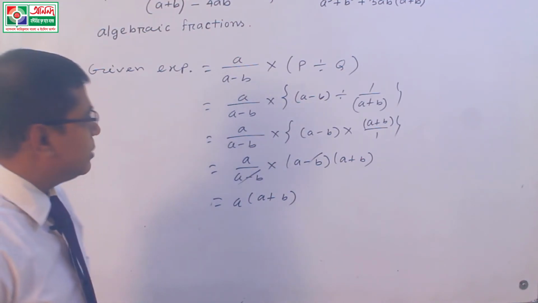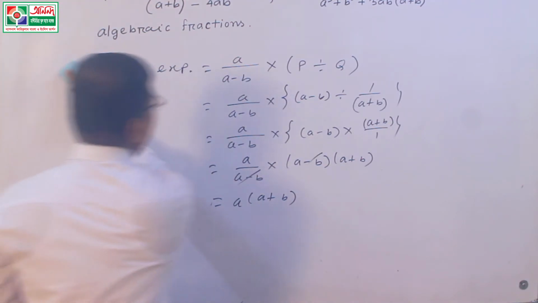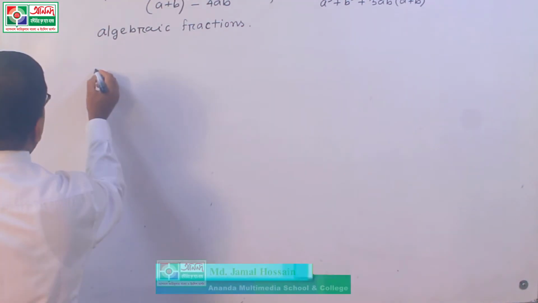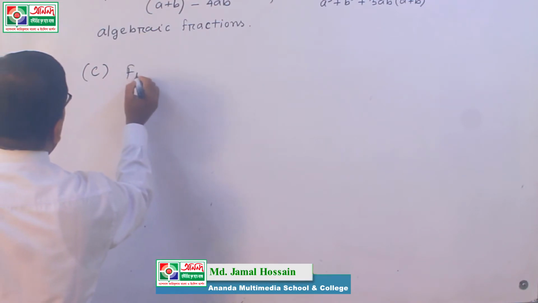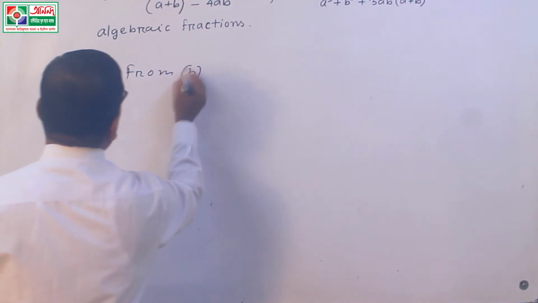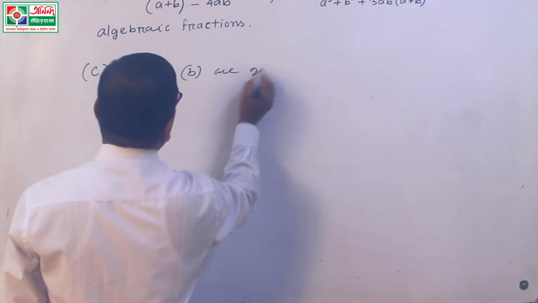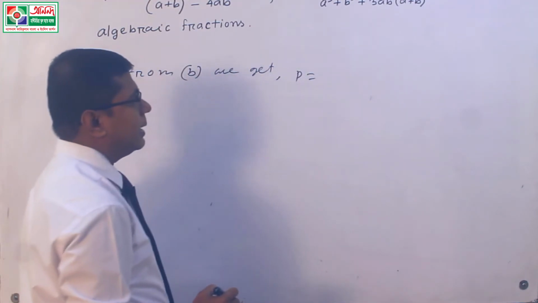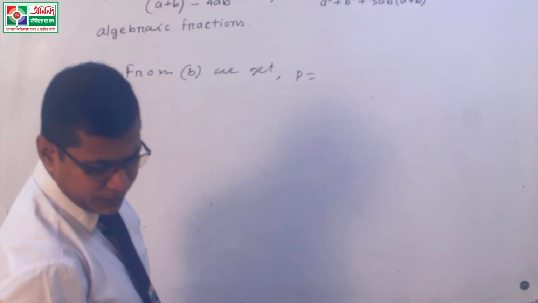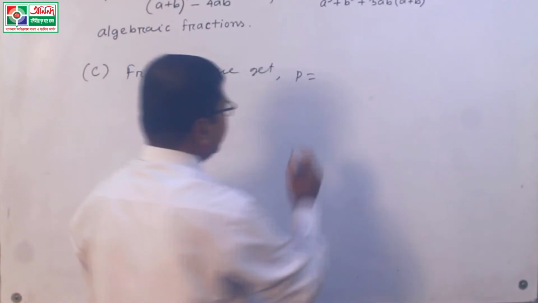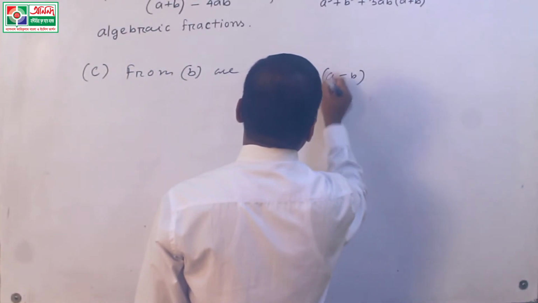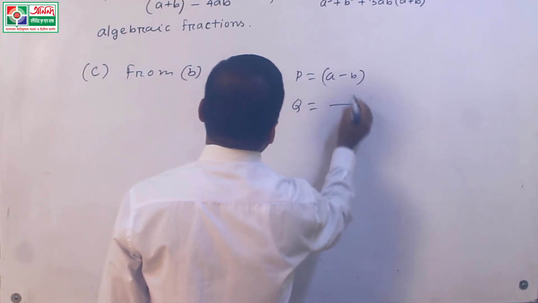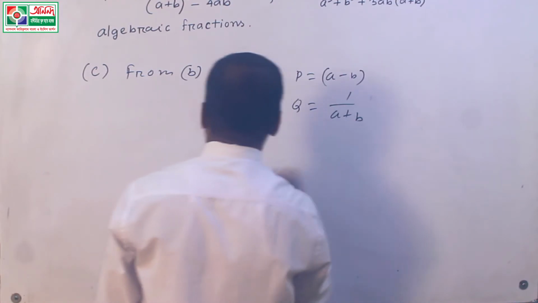So it will be the same as the right hand side. C number. From B we get p equal to a minus b, which you have already found, and q equal 1 by a plus b.